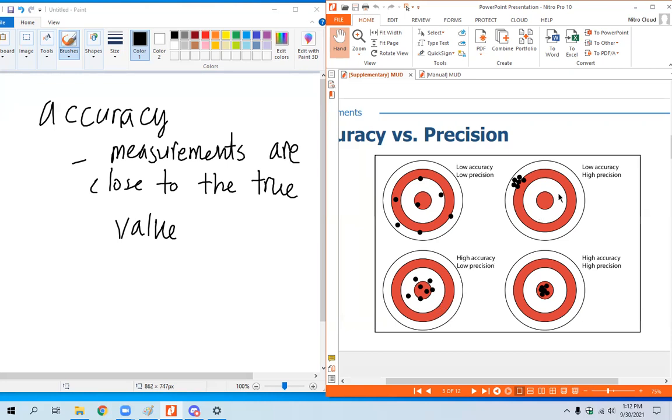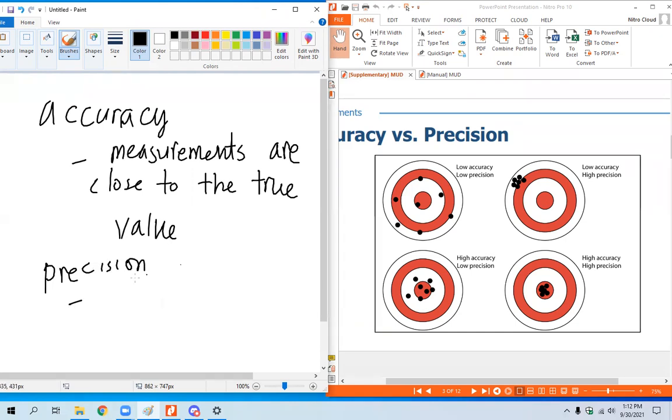Now, on the other hand, let's look at this case here with low accuracy and high precision to define what precision is. So kung mapapansin nyo dito, all the black dots, which are your measurements, are close together. Magkakadikit na nga sila, but all of them are far from your true value or bullseye or target. So using this example, what we can define is precision.